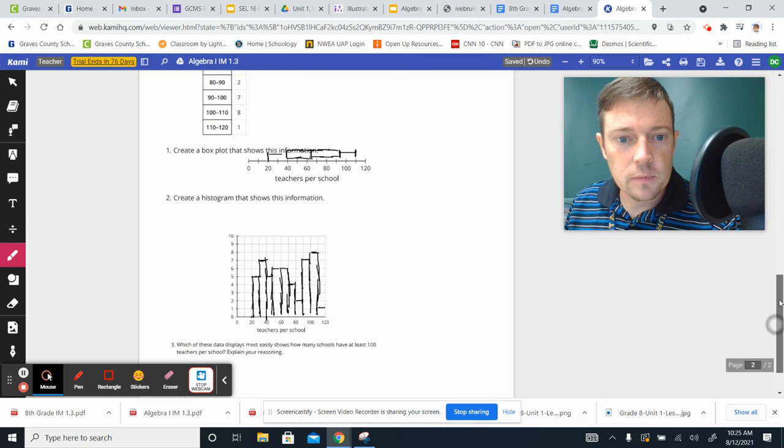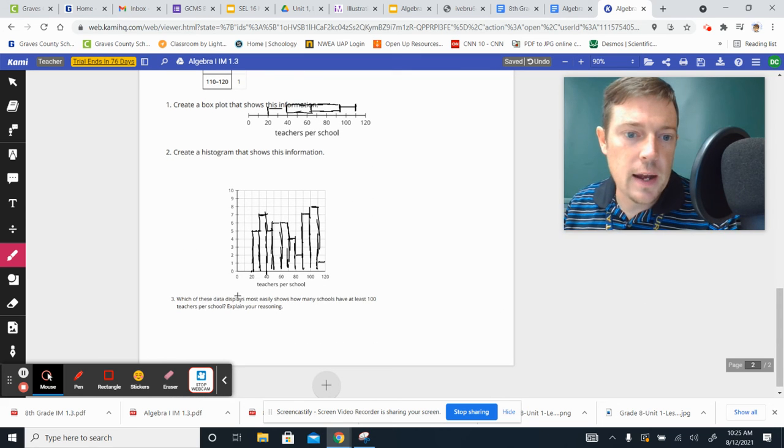Then it asks which of these data displays most easily shows how many schools have at least 100 teachers per school. Well, with this one, when you look at 100, you're not really getting much information other than the fact that it's the fourth quarter of the data.